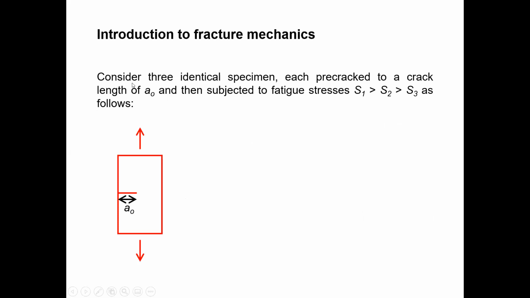Okay, so consider three identical specimens, same size and same initial crack length. Each is pre-cracked to a crack length of A naught, that is the initial crack length, and then subjected to fatigue stress S1, S2, S3. S1 is the largest one, S3 is the smallest one, as shown below.